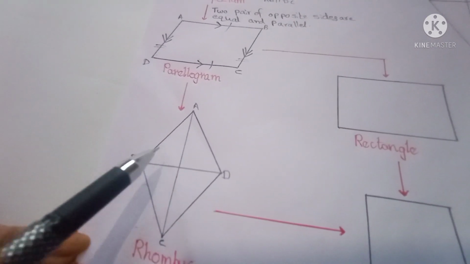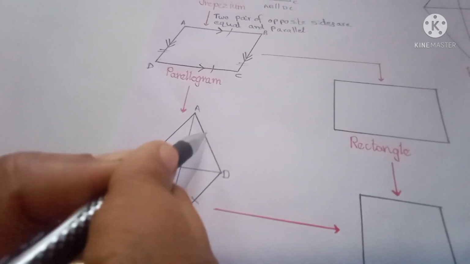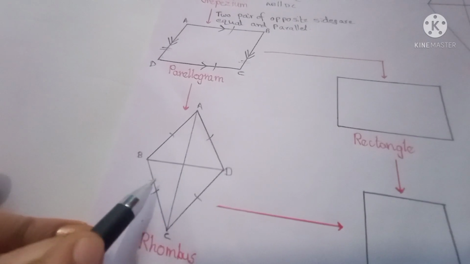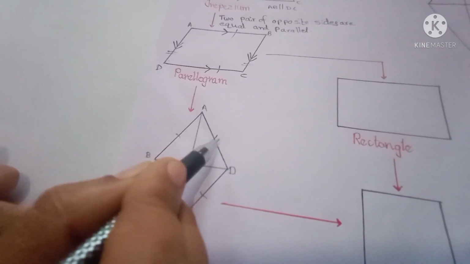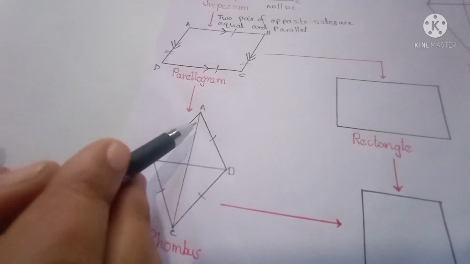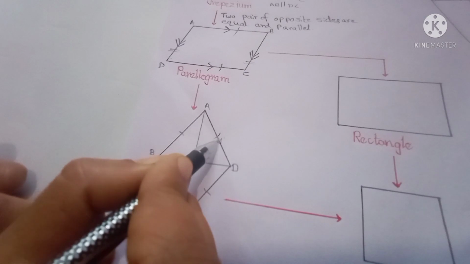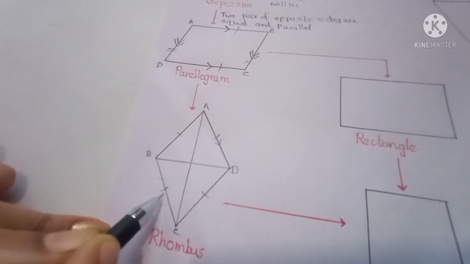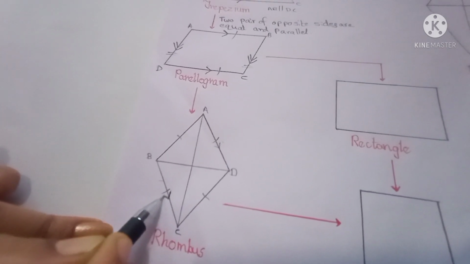In this rhombus, all four sides are equal. And opposite sides, this side will be parallel to this side, like this. We use an arrow.